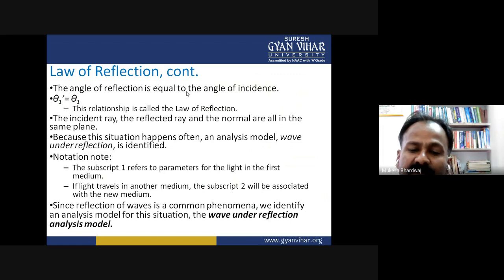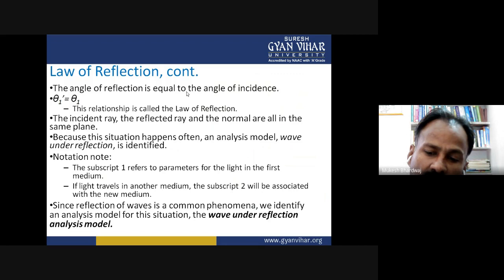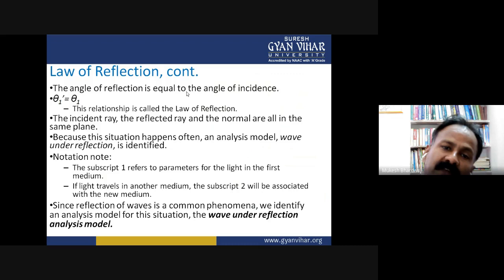Huygens principle of wavefront construction leads to this law. So the angle of reflection is equal to the angle of incidence.